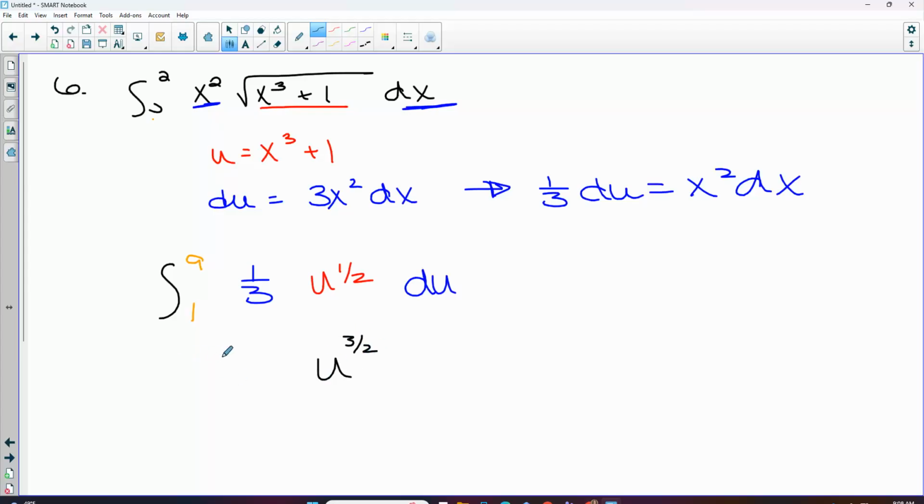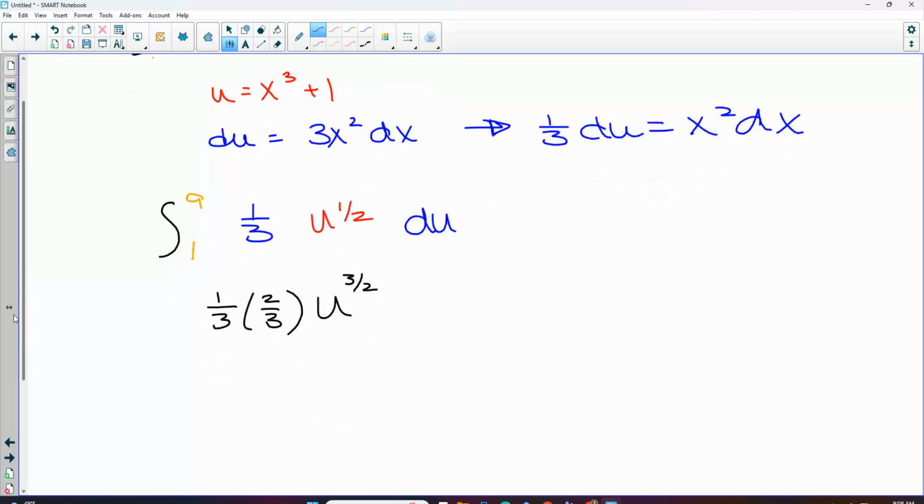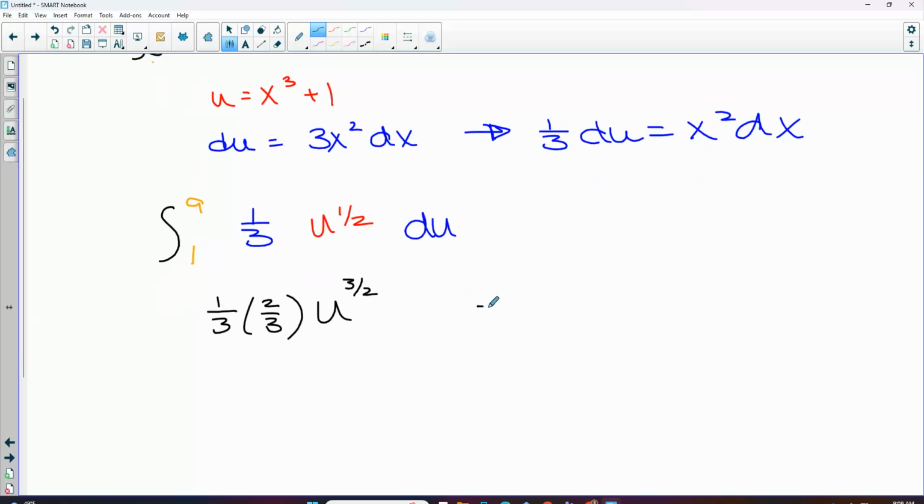Some of you are messing up on these coefficients. If you need to, write it out. We have a 1/3, we have to multiply by the reciprocal, the 2/3. So that gives me 2/9, u to the 3/2. If you change your limits, we're ready to plug in. If not, you have to replace your u. Okay, a 3/2. You guys should be able to do that without a calculator.